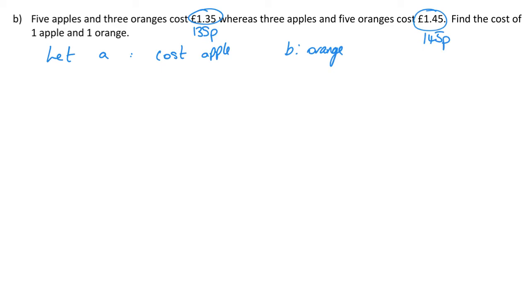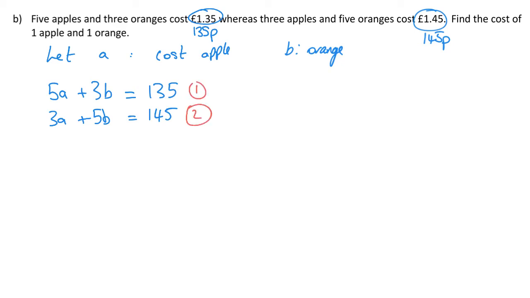So 5 apples is going to be 5A, 3 oranges, 3B, and that's going to cost 135. Whereas 3 apples and 5 oranges is going to cost £1.45 or 145 pence. So let's identify them as equation 1 and equation 2. We need to try and get up to the same number of A's or B's. So let's get the A's to be the same.